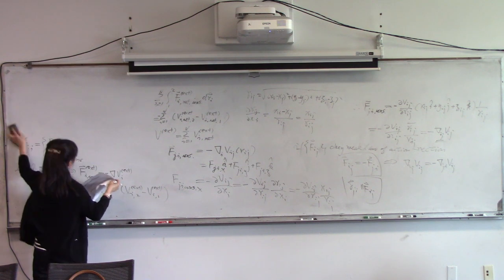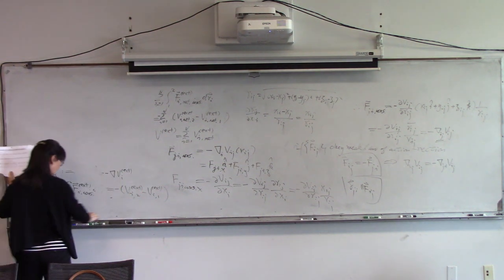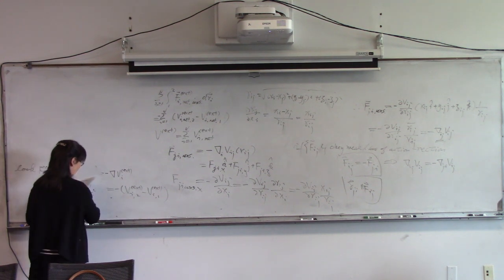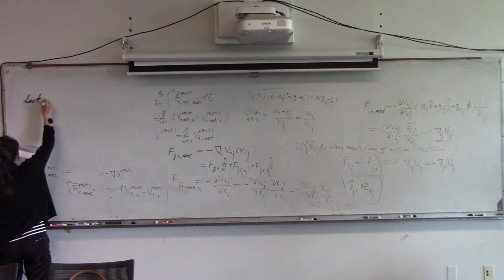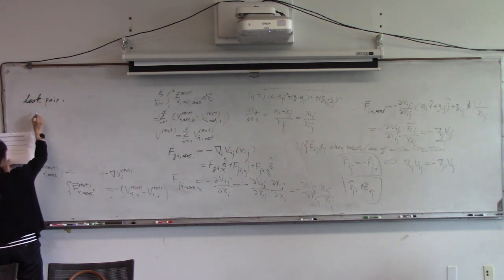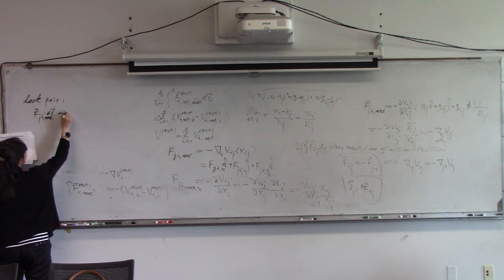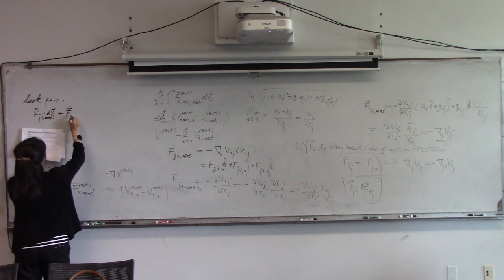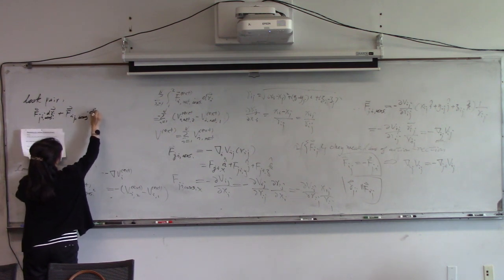Now let's look at the pair. Look at each pair, right? For each pair we need to find the work done by the conservative force, F_ij plus F_ji, the force on the j-th particle, right?